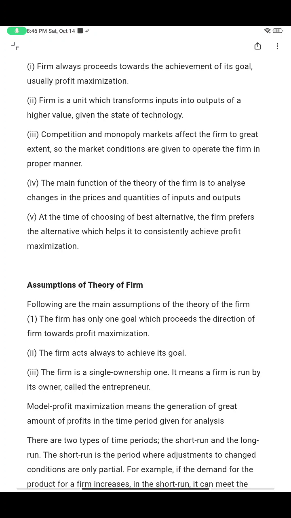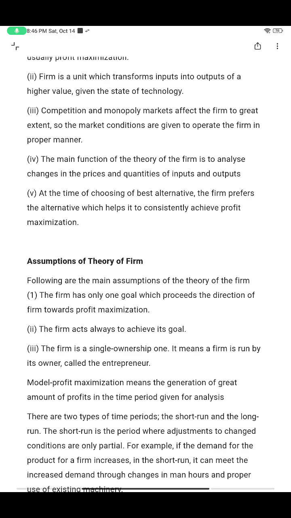So monopoly market means single market. That means whatever the products we have, only those products will be there. No substitutes will be there in the market. For example, if you take a soap, in the monopoly market you will have only one soap. But nowadays what is happening, instead of soap we are having many gels, shower gels, and many different kinds of soaps, different brands.